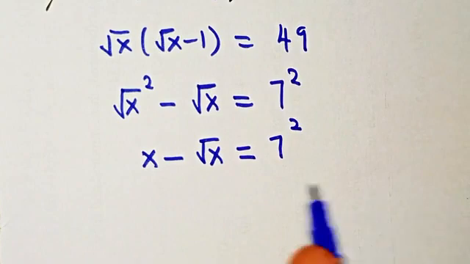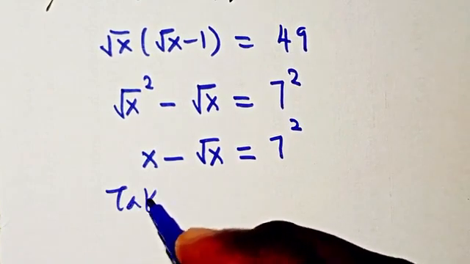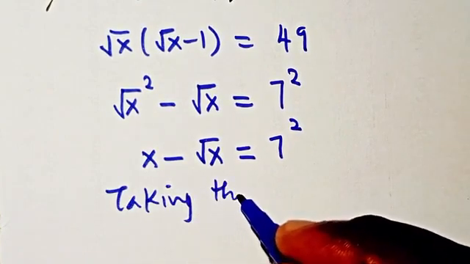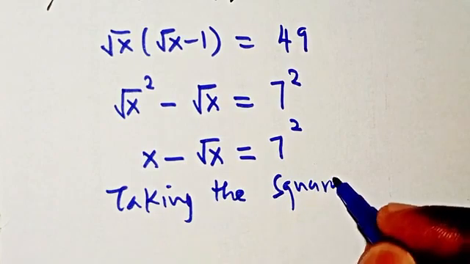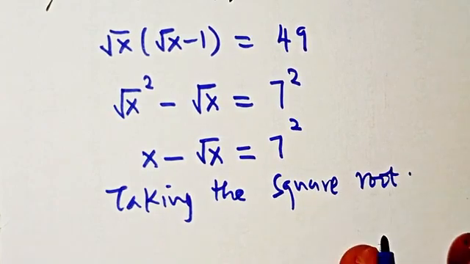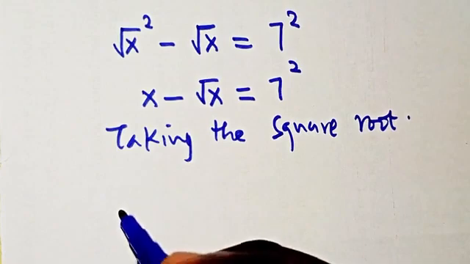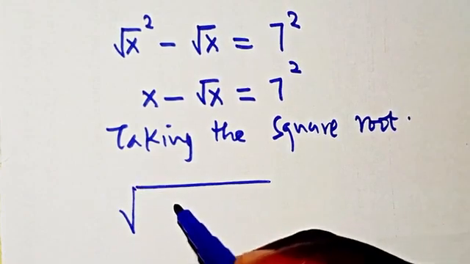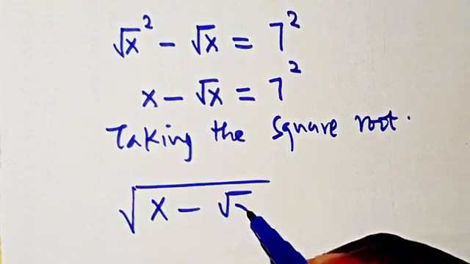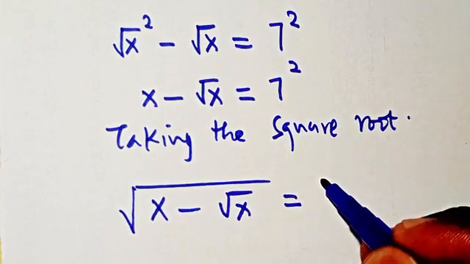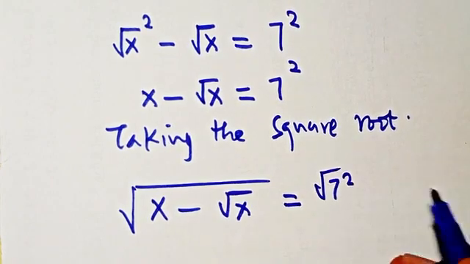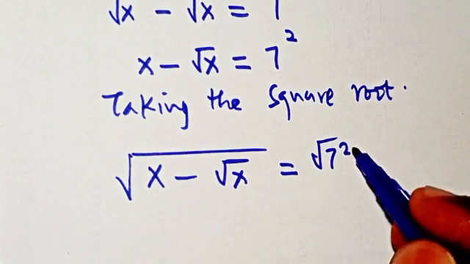So now what am I going to do here? Taking the square root, I'm going to have the square root of x minus root x will be square root of 7 to the power 2.